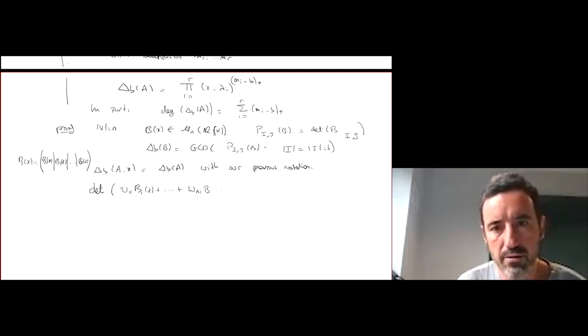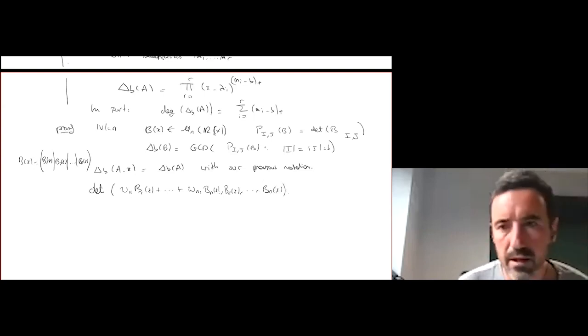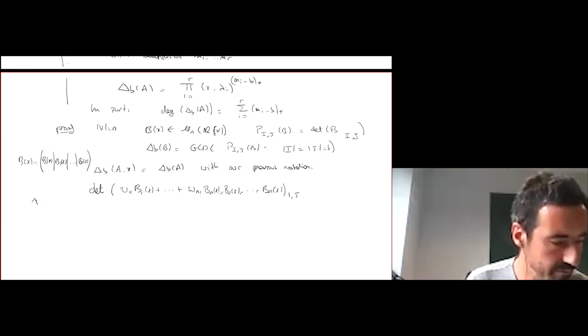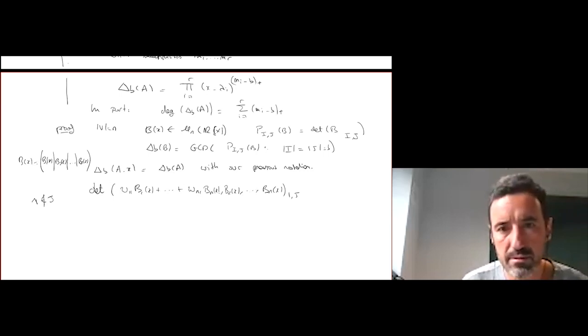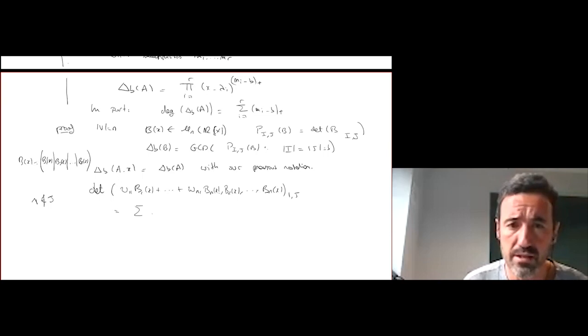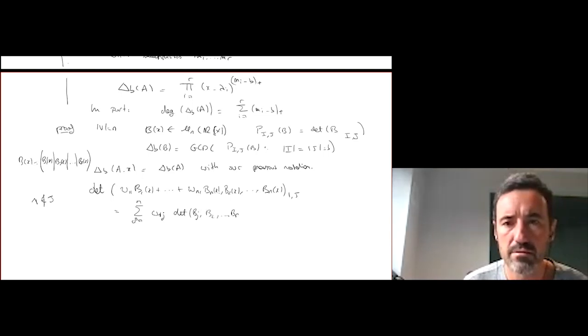For the first row, I make a linear combination of all the others, and I restrict that to I and J. If 1 is not in J, it means that we keep one of the columns. So I can use the multilinearity of the determinant, and this will be the sum from j equal 1 to n of W1j times the determinant of Bj, B2, up to Bn.